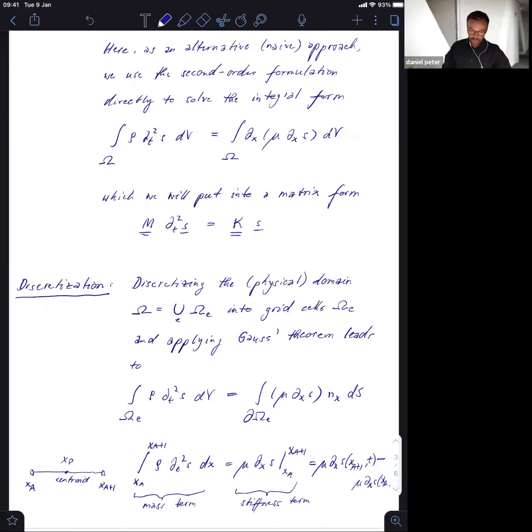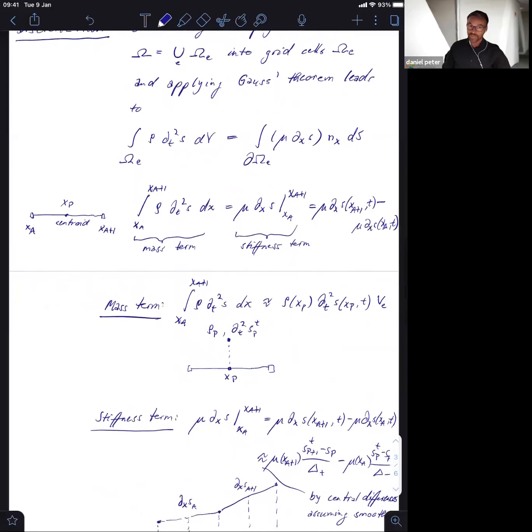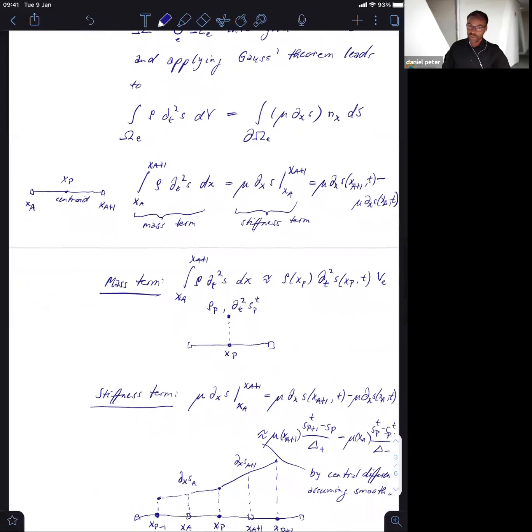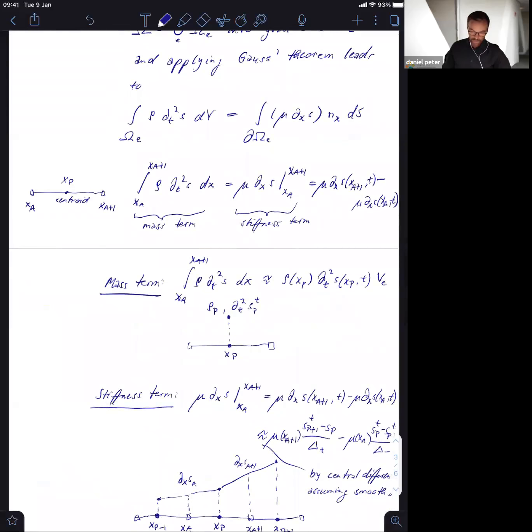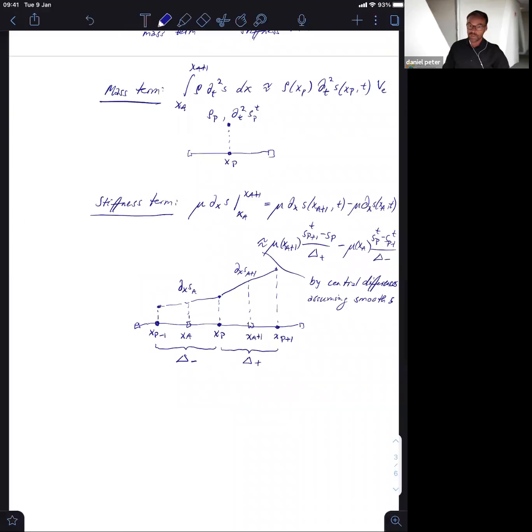So we can approximate these integrals, where we have a mass term and a stiffness term. Both we can approximate with a finite volume approach. And here we basically assume that the solution field, so the displacement S, is smooth.